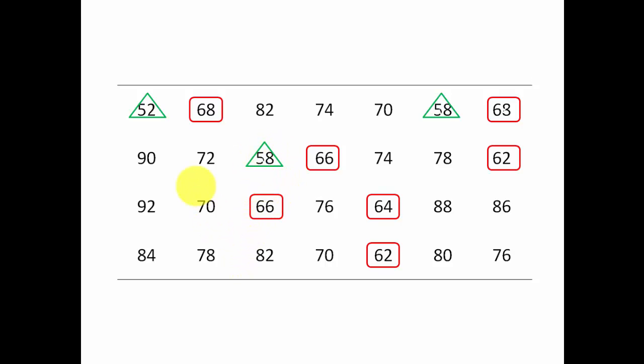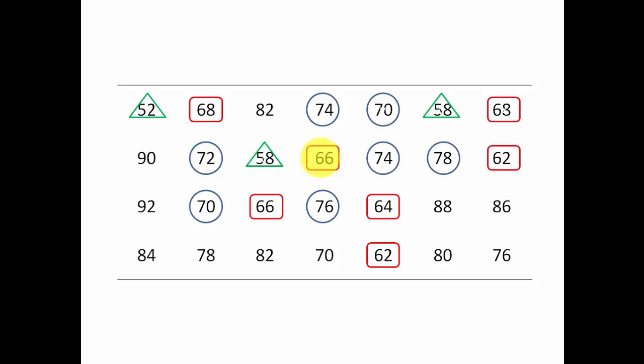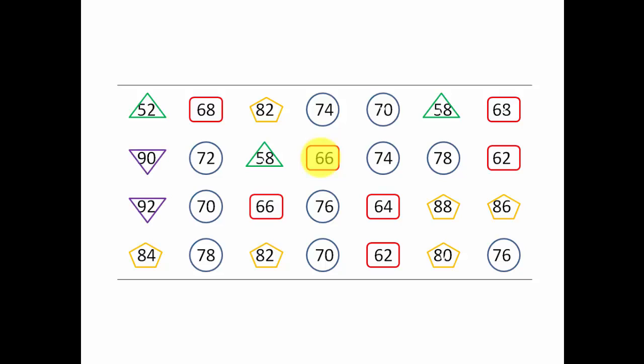So it's 7 pulse rates that fell into the 60s. Same thing with the 70s: 2, 3, 4, 5, 6, 7, 8, 9, 10. So 10 were in the 70s. The 80s: 1, 2, 3, 4, 5, 6. And finally, the 90s: 1, 2.